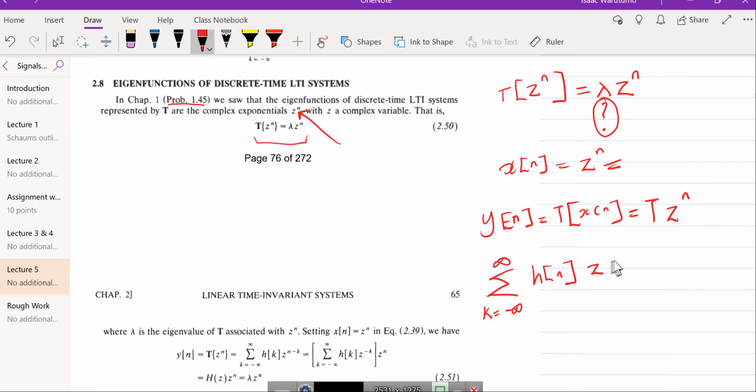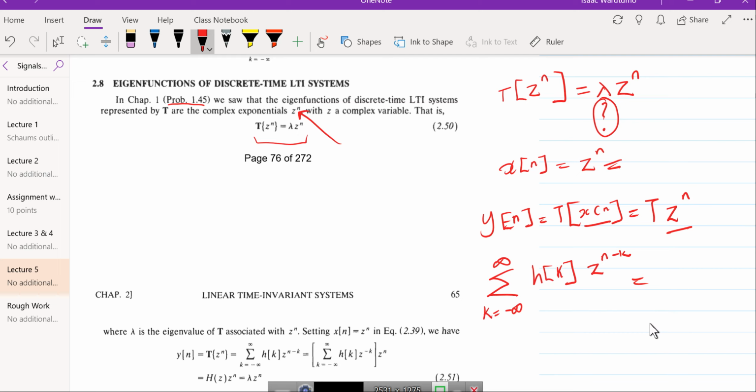But if we replace x of n with z^n, you will have z^(n minus k). That describes our convolution sum, which we can simplify further by noting that n is not a function of k.